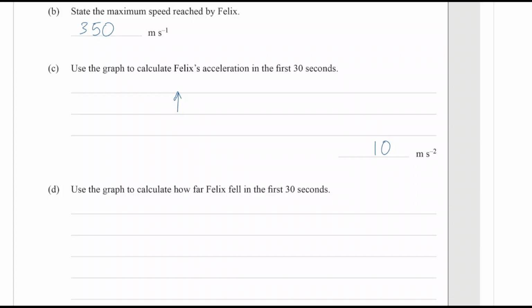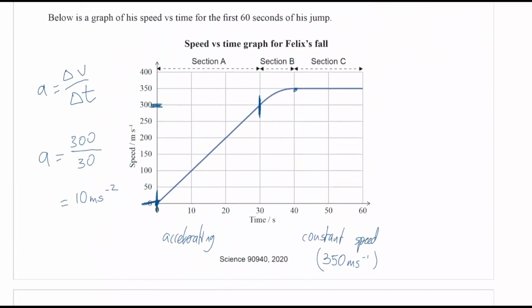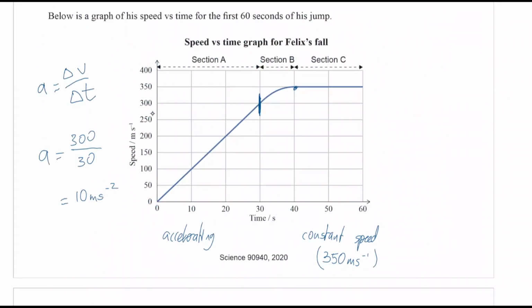Question D. Calculate how far he fell in the first 30 seconds. Okay. So how do we get the distance from a speed time graph? So we got the acceleration from the gradient, right? Change in speed over change in time.